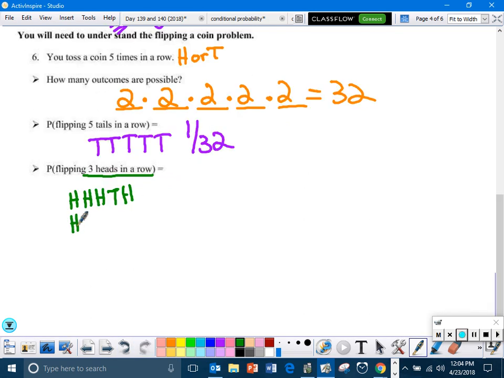Okay, you could go heads, heads, heads, and then it could be tails, tails. Again, that's 3 in a row. Now I might start with tails and then go heads, heads, heads, tails.